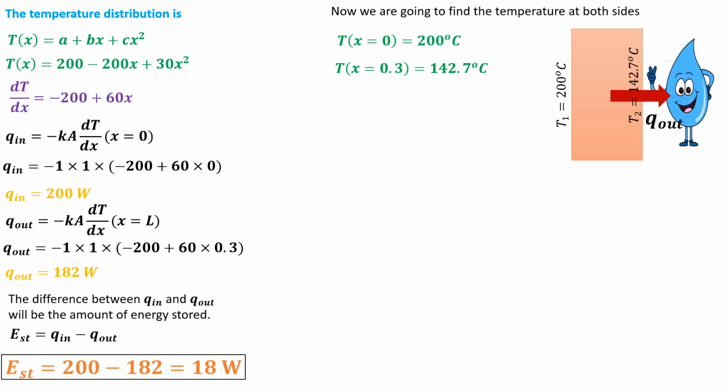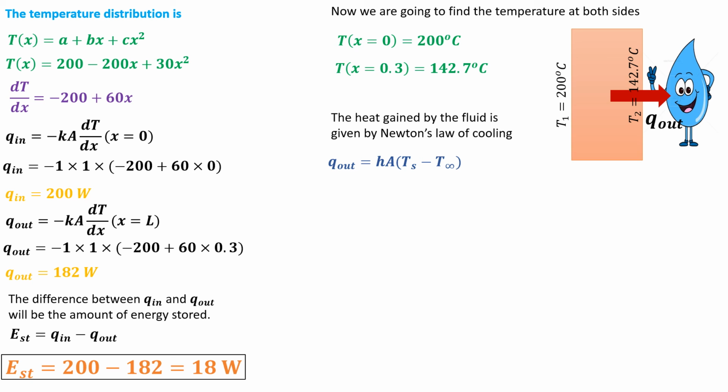I am repeating that the colder side is the side from where heat goes out from the wall, and the amount of heat that goes out from the wall will be the amount of heat gained by the fluid. So by using Newton's law of cooling, because heat gained by the fluid can be determined by Newton's law of cooling, it's simply Q is equal to h A (Ts minus T infinity). The amount of heat gained by the fluid is simply the amount of heat that goes out from the wall.